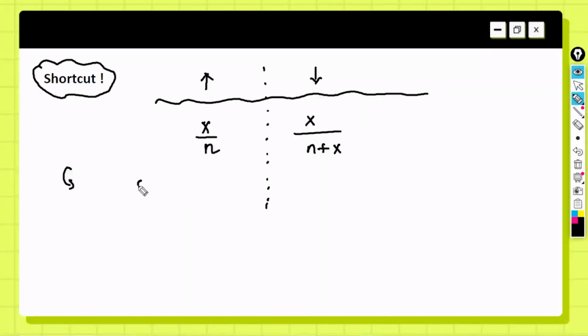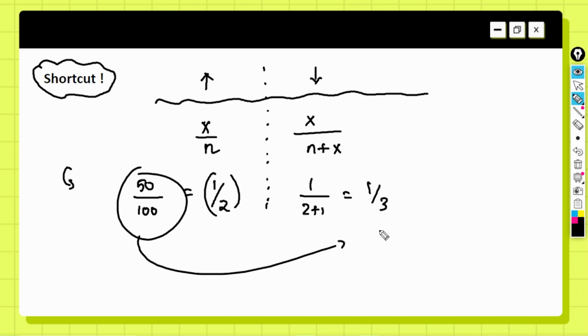The percentage increase in the problem is 50%, meaning 50 by 100, which is nothing but 1 by 2. If it is 1 by 2 increase, the decrease will be 1 by 2 plus 1, which is going to be 1 by 3. Or you can even use the same numbers here: 50 divided by 100 plus 50, which is 1 by 3 again, which is once again 33.33 percentage.